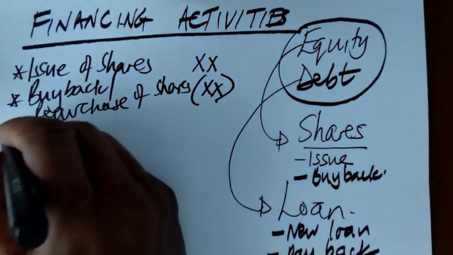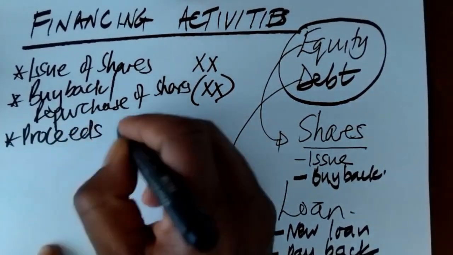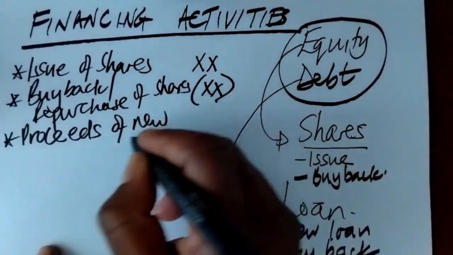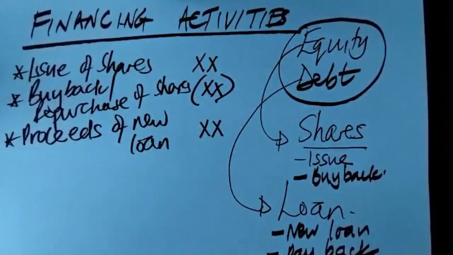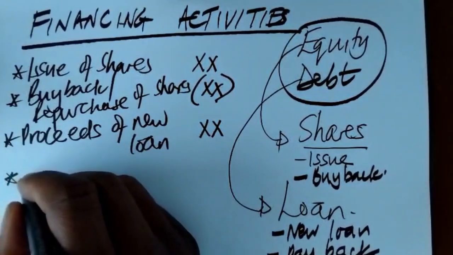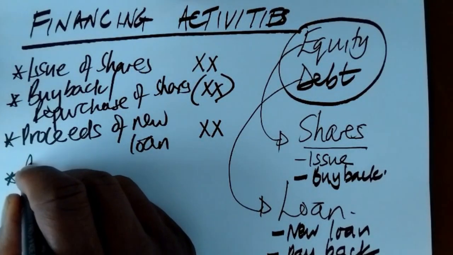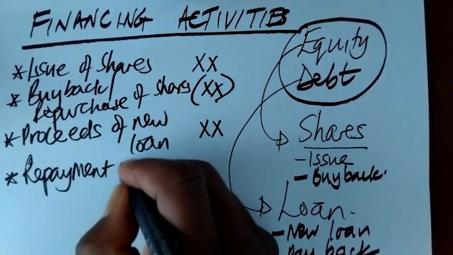And then you can have proceeds of new loan. If you get a new loan, it means the bank is giving you money, so money comes into your bank account. And then the last one, it can be a repayment of loan.